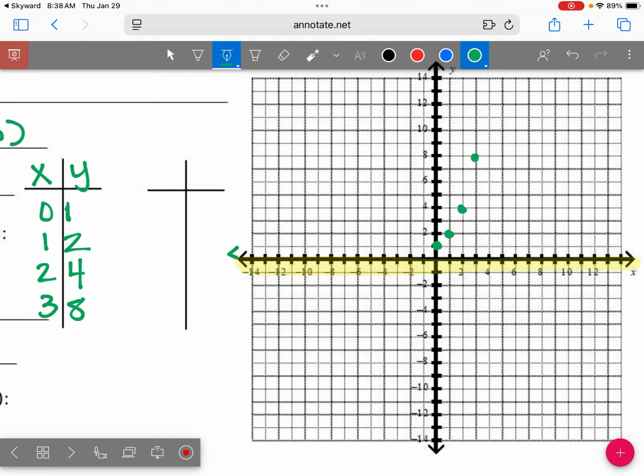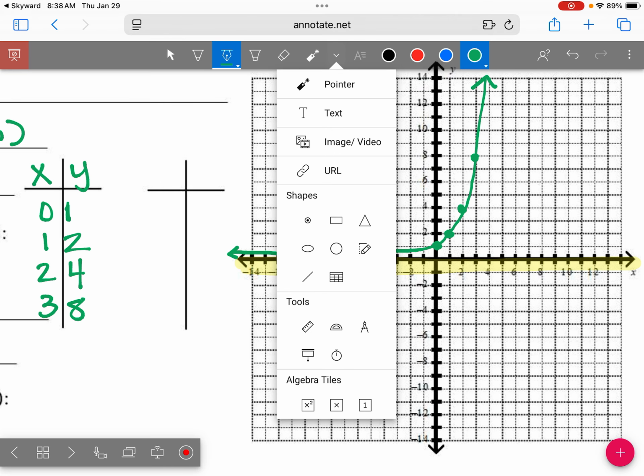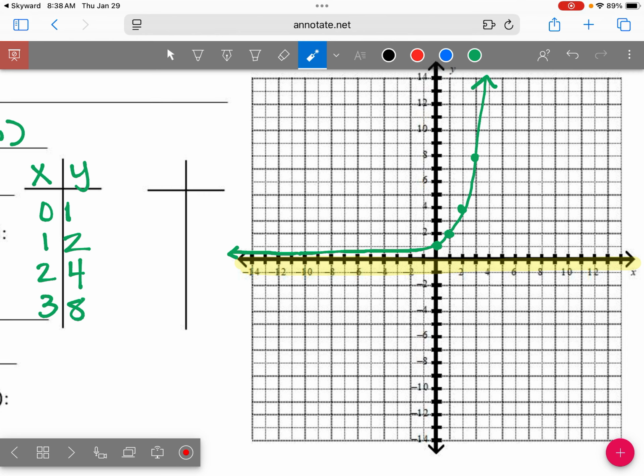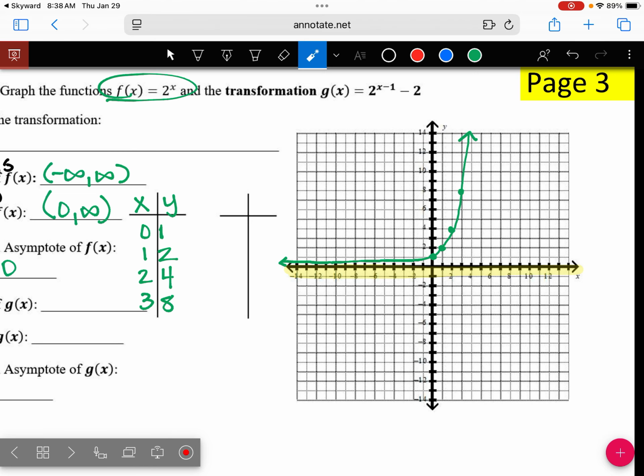All right, so we're going to come out really, really close to x, and then it goes up really fast. That's why we call it growth. If I trace the graph, everybody look at the screen. When I trace it from left to right, do you see how it's getting bigger at the end? That means it's growth. It's going to do that whenever your base is greater than 1. So that's the mama.